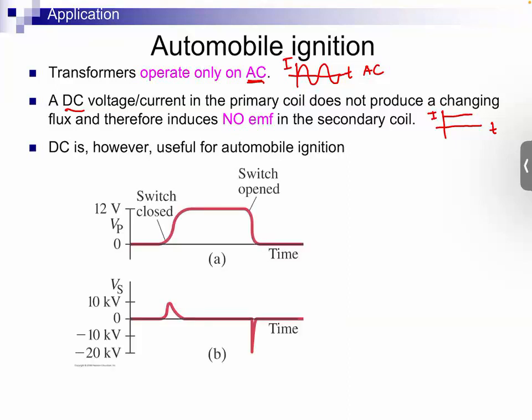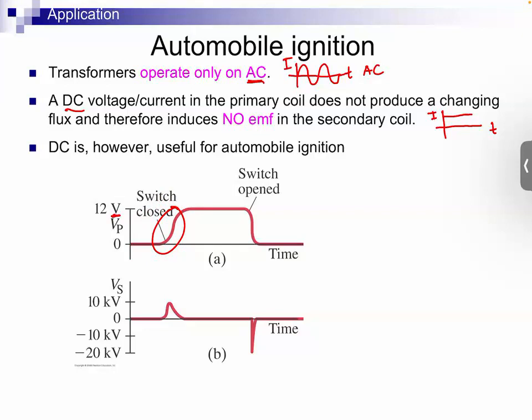The reason behind that is, if this is your voltage, so the y-axis here is voltage and the x-axis is time, when you turn on the engine of your car, the voltage increases sharply, like this.